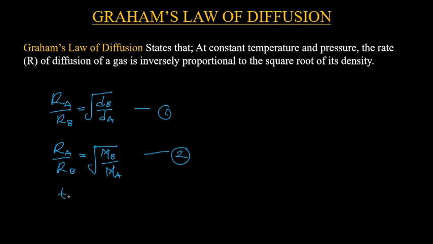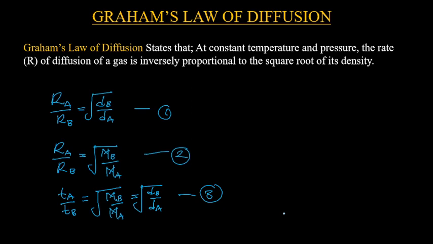The time of diffusion of A to that of B is equal to the square root of the molar mass of B over the molar mass of A, or the square root of the density of B over the density of A. These are the expressions you are going to be dealing with when it comes to questions around Graham's law of diffusion. So let's look at some questions.